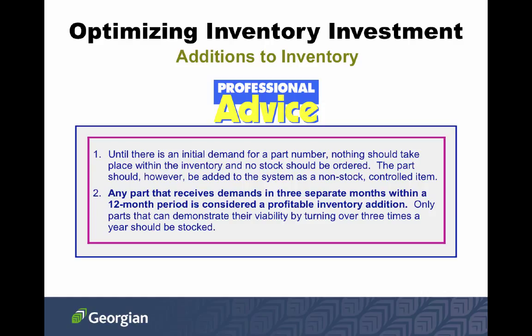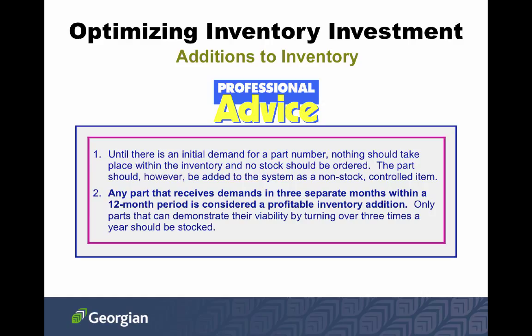Any part that receives demands in 3 separate months within a 12-month period is considered a profitable inventory addition. And that means 3 separate demands. Not somebody comes in a couple of months and buys 3 pieces. It means 3 separate demands over a period of 12 months. That is a minimum in my view.